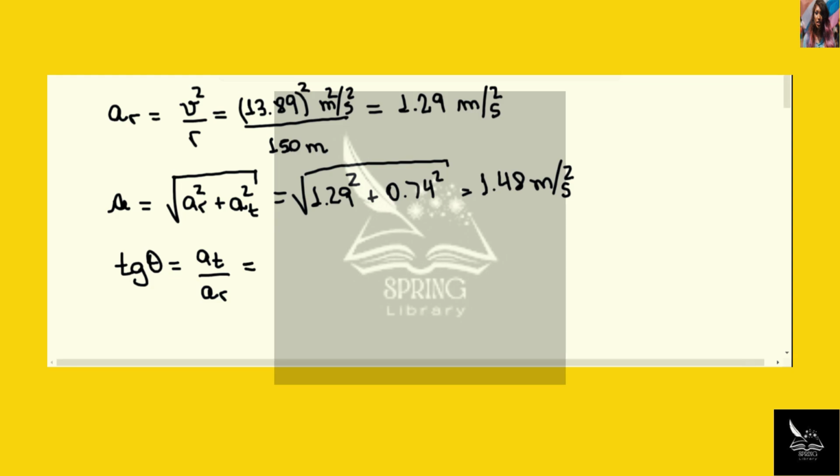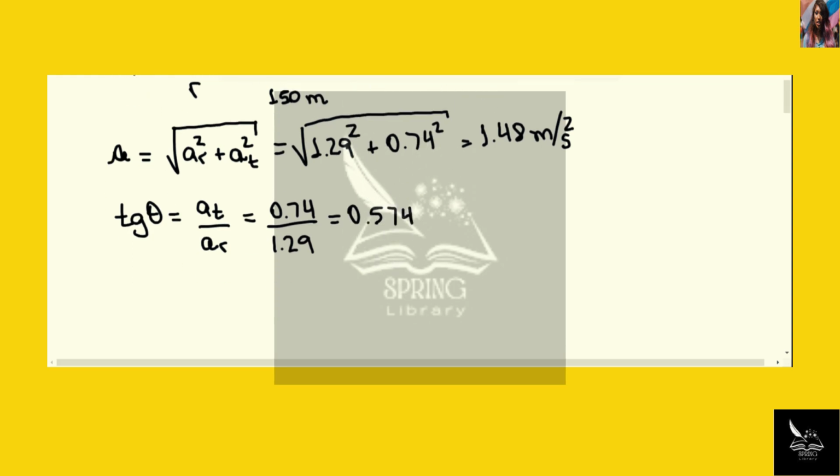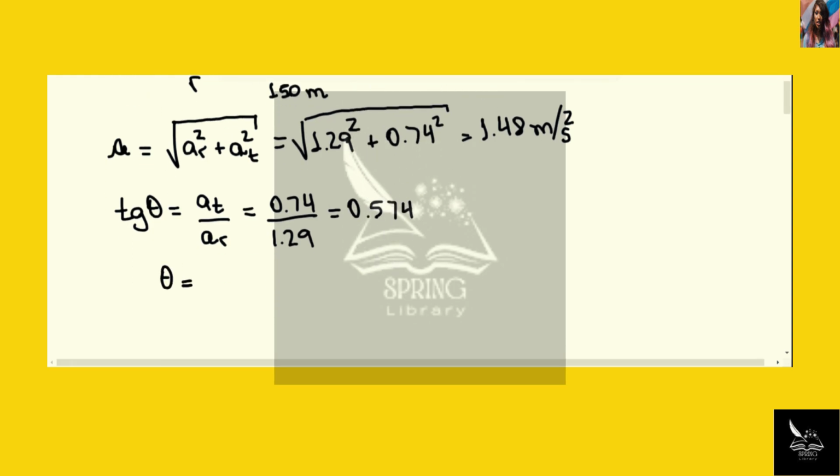This is 0.74 divided by 1.29, which is 0.574. So theta is the arctangent of 0.574, which is 29.8 degrees. So 1.48 meters per second squared is the acceleration, and 29.8 degrees is the angle.